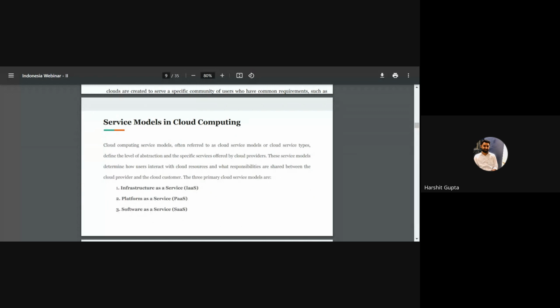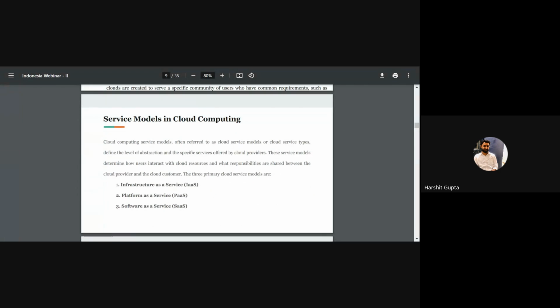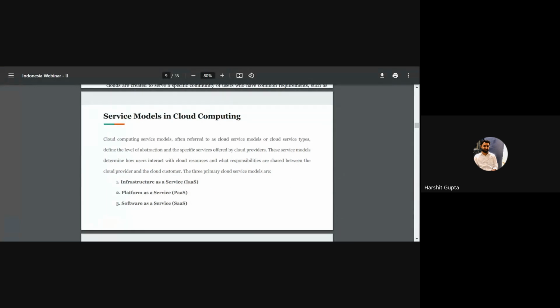Now next we will go to the service models in cloud computing, that is infrastructure as a service, platform as a service, and software as a service. These are the different kinds of services provided by cloud service providers.